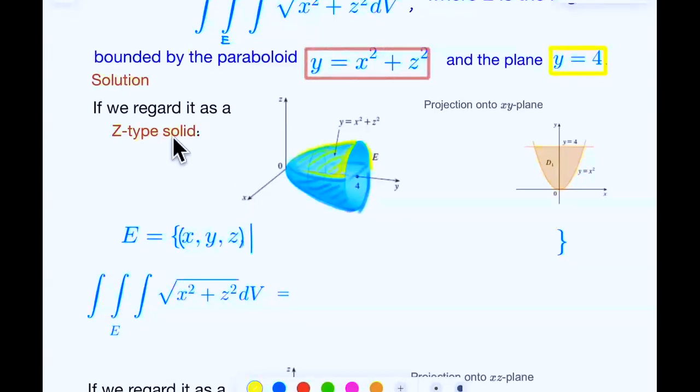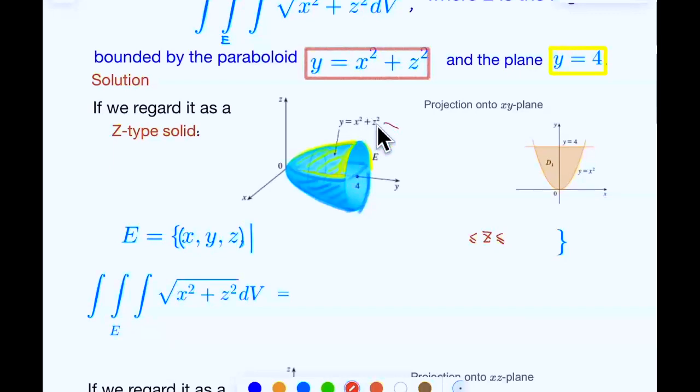If I regard it as a z-type solid, how would you like to write this? Then we're going to have z go from, bounded below by what? Bounded above by what? Let's try to think about this one. Down over here, the surface y equals x squared plus z squared, right?